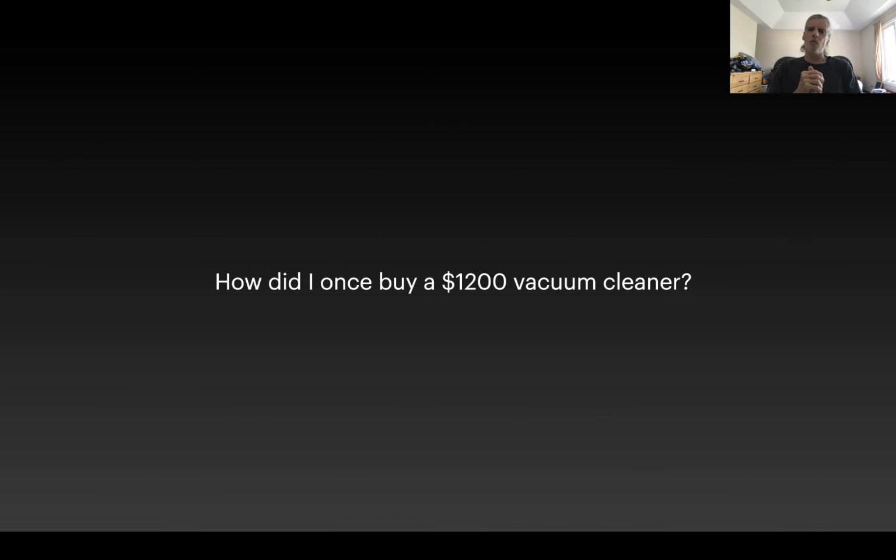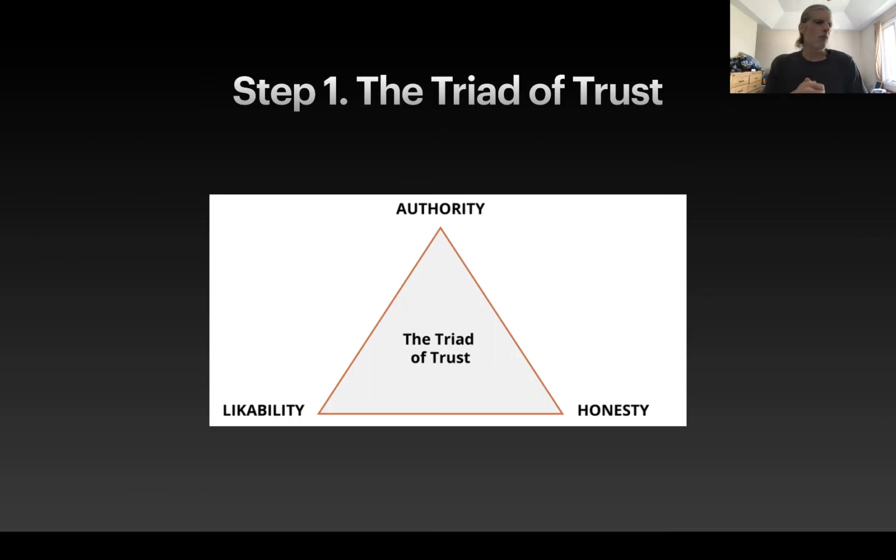And so I'm working at home one day, and I hear a knock at the door, and step one is being sprung on me. Somebody who begins to establish himself as somebody that I can trust by using not the whole triad of trust, but one key part of it, the likability part, right?